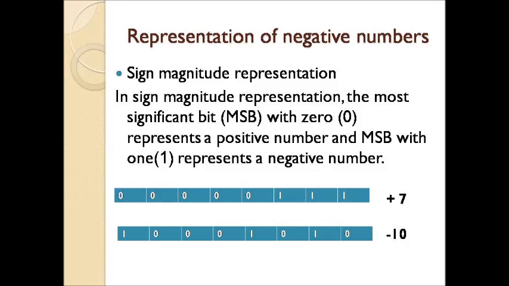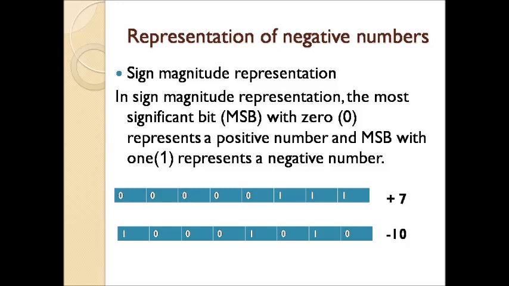If the most significant bit is 0, that means the number is a positive number. If the most significant bit is 1, the number is a negative number. Here you can see that two numbers are given, plus 7 and minus 10.